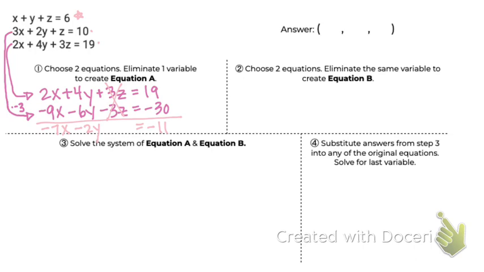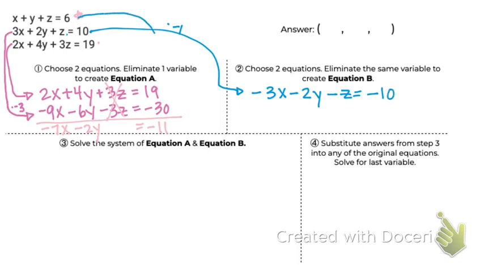If we look again at our z's, I notice that if I change this to negative z, then I can add them together and the z's will be eliminated. So that second equation, I just need to multiply the whole thing by negative 1. So this will be negative 3x, negative 2y, negative z equals negative 10. But this one, I'm just going to leave as it is.